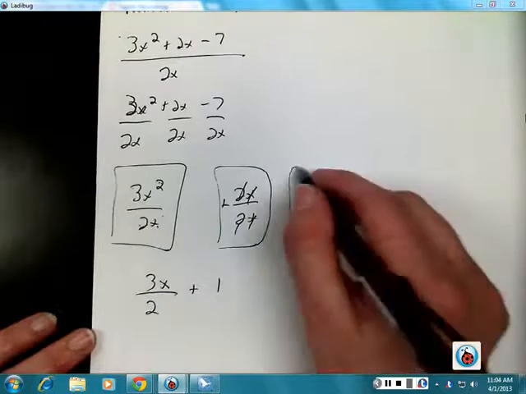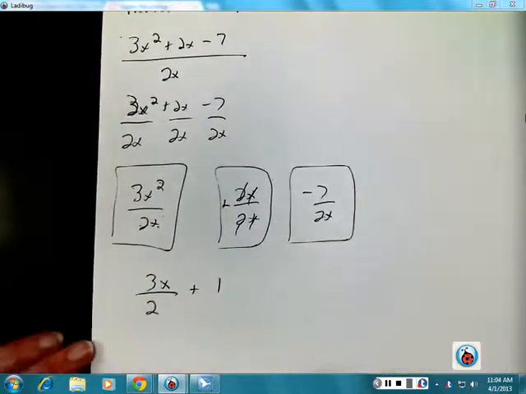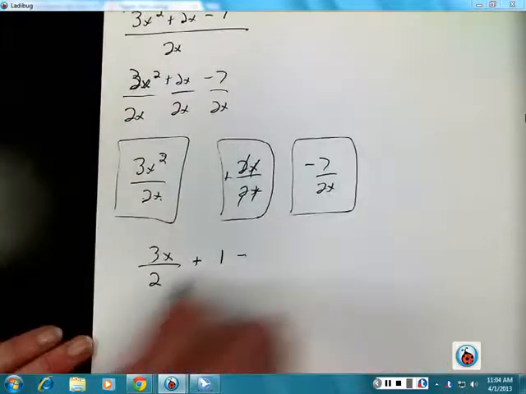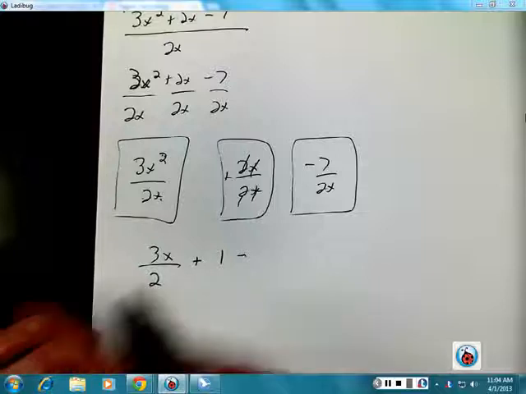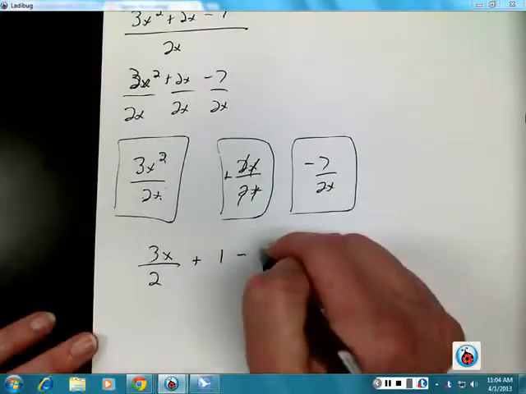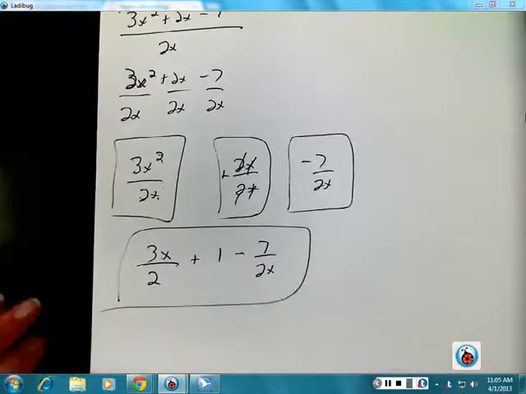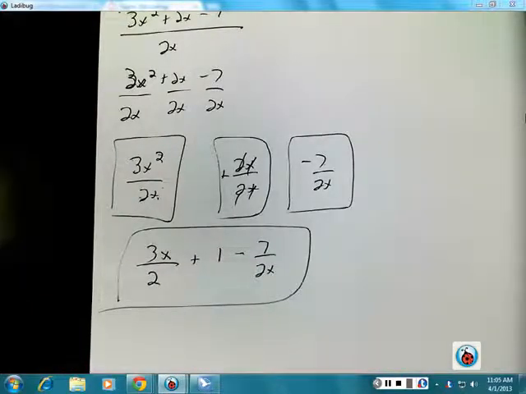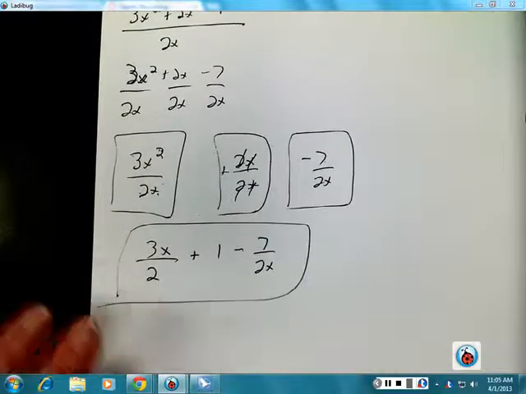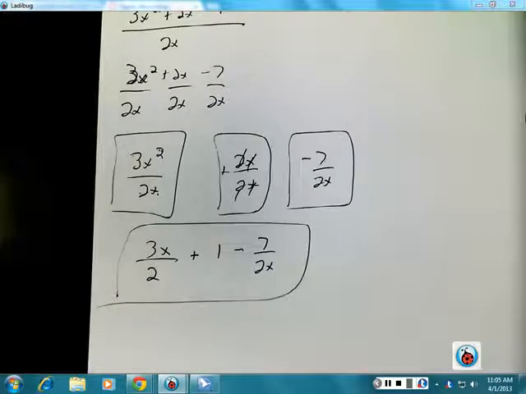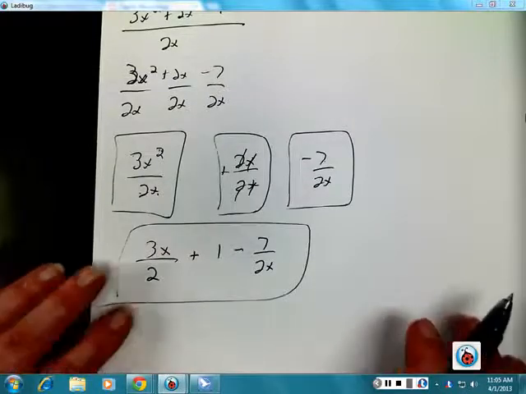And then finally, my last piece of my problem, can I do anything with that piece? Can I do anything with 7 or the 2x? Nope. So this becomes my answer. That becomes what I would type into Hawks and what I would end up putting in for that value. So let's take a look at another one.